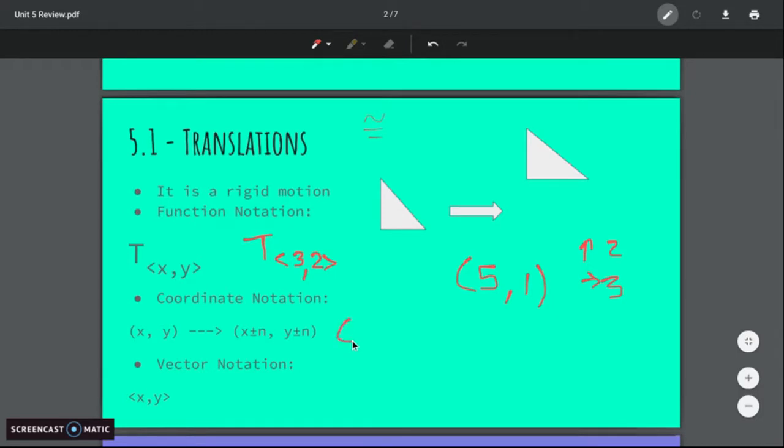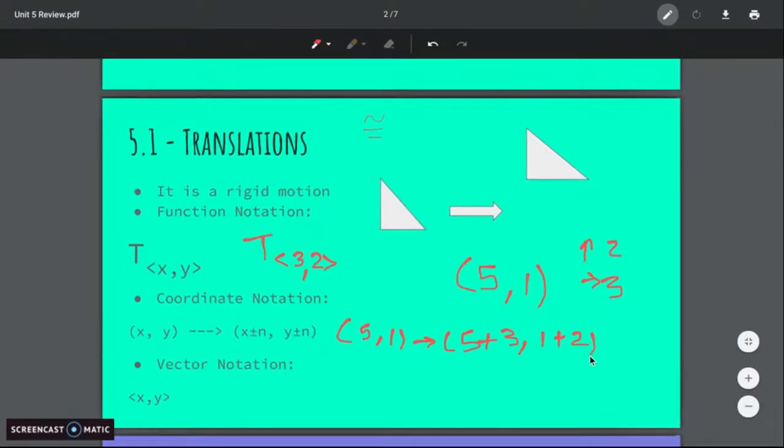And then for coordinate notation, it would be X, Y for the point, and then it's going to be 5 plus, well, it says plus or minus, but in this case it's going to be plus 3, comma 1 plus 2.